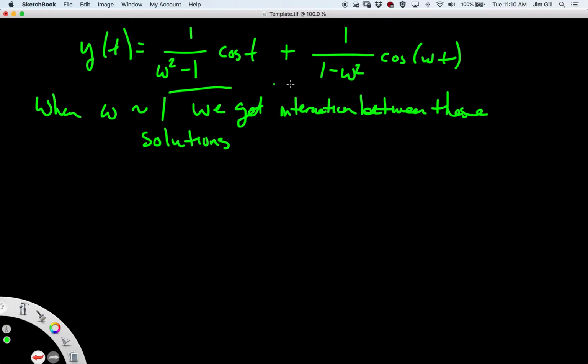This part of the solution and this part of the solution, right? When omega is close to 1, then the cosine of omega t is similar to the cosine of t, and so we would expect them to be working together at similar times, and that's what we get. We get this thing, and this phenomenon is called beating.